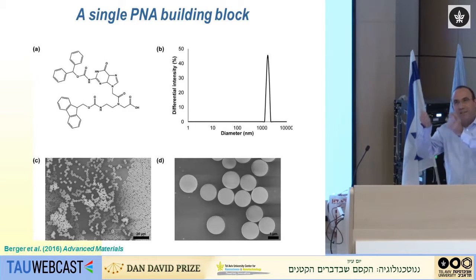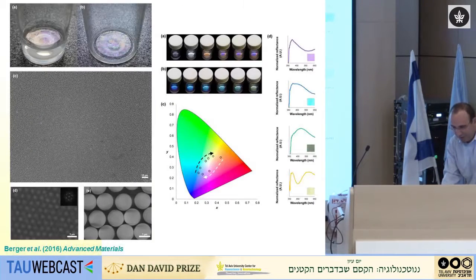You boil this in water and cool the solution. We get the spontaneous formation of this hexagonal array of these structures, which act as photonic crystals. You see the colors that you see here.